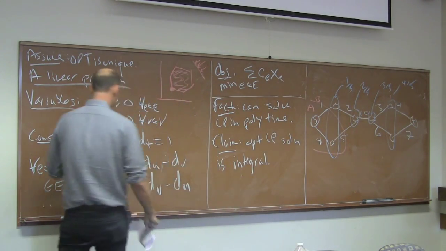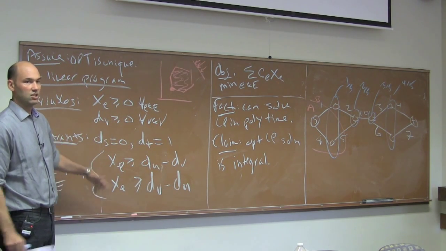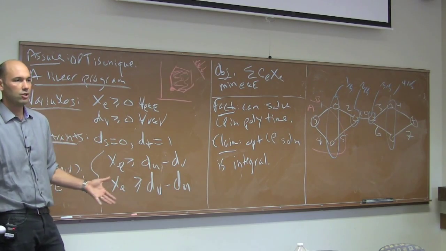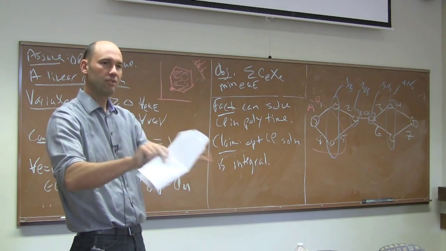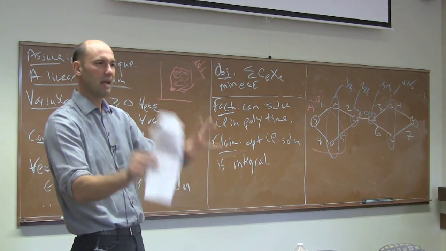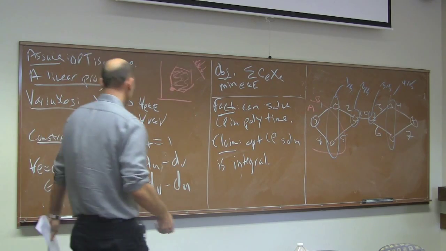That would be an example that satisfies all of these inequalities, and it doesn't correspond in some obvious way to a cut. If it feels like a superposition of a few cuts, that's good intuition. It is. But it's not obviously a cut, to have all these fractions.